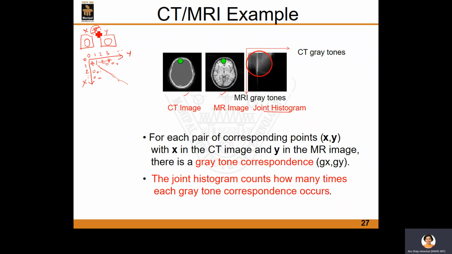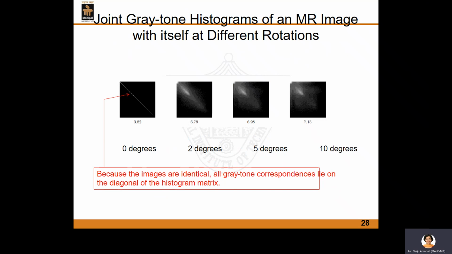If you increase the rotation to a higher degree, there is more misalignment between both images, right? So you'll see that the non-zero values would be spread apart from the diagonal. Okay, so an example is shown over here.